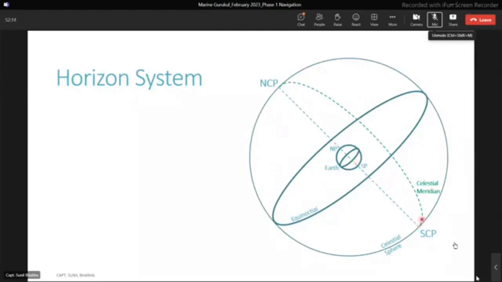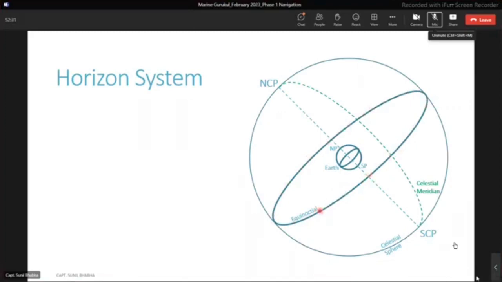Then you have the semi-great circle joining both the celestial poles. The green colored semi-great circle which you see is the celestial meridian. And you see the equator projected onto the celestial sphere, giving us the equinoctial. So all these are the same items which we discussed in the equinoctial system of reference.